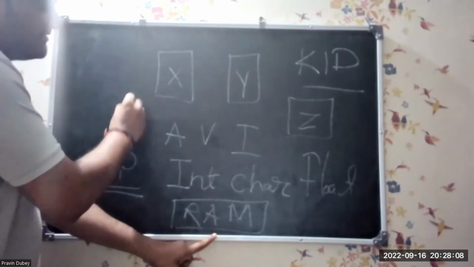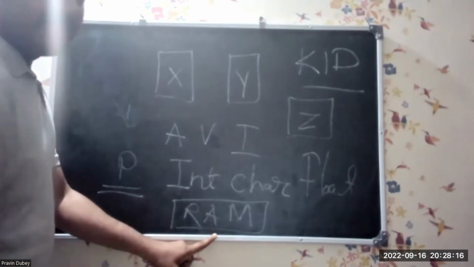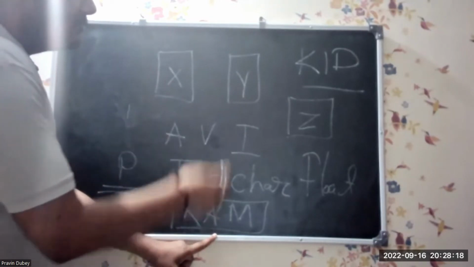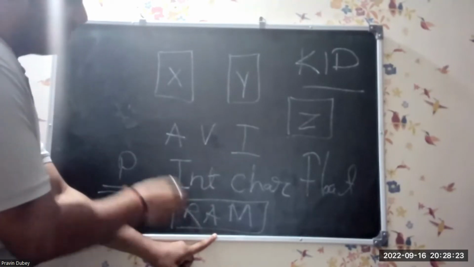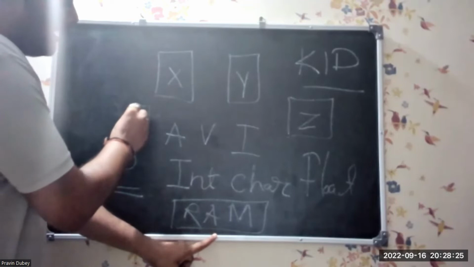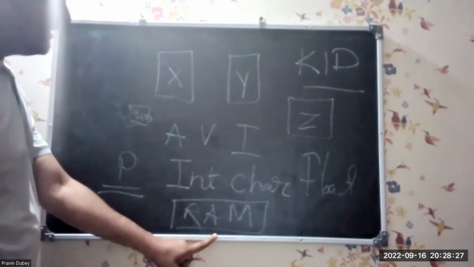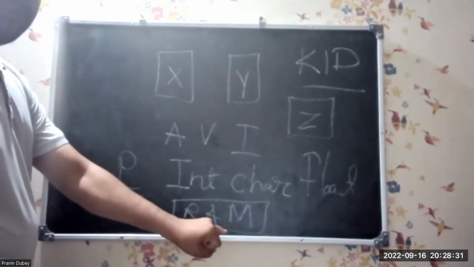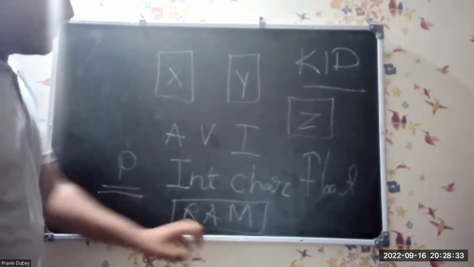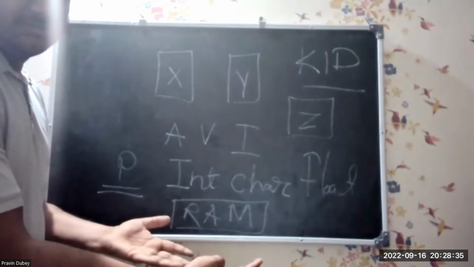You might have heard I have 16 GB of RAM. Anything that you create is stored here temporarily. For permanent storage, it is stored in SSD or something like that, but we are not going to go there. We are sticking to this point. Anything that we create would be stored in RAM. So RAM is a storage location.